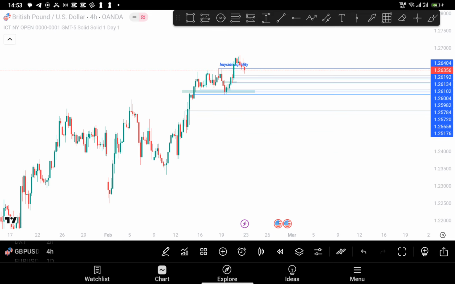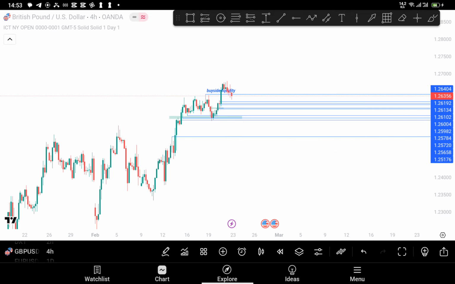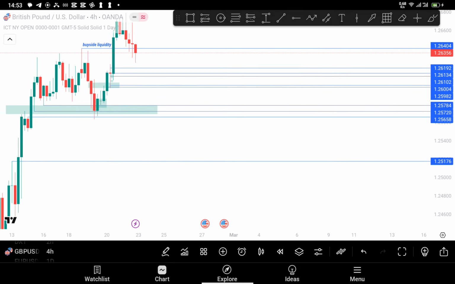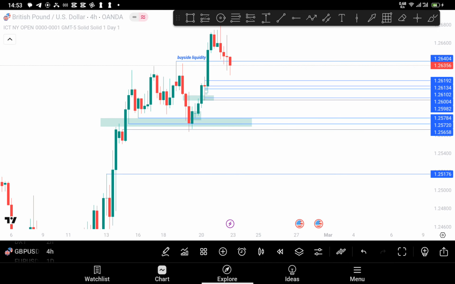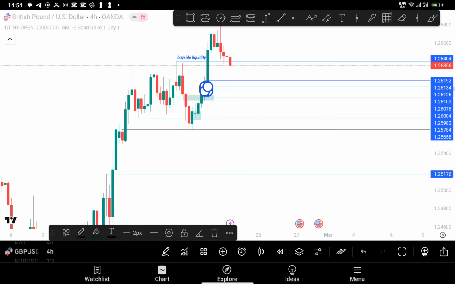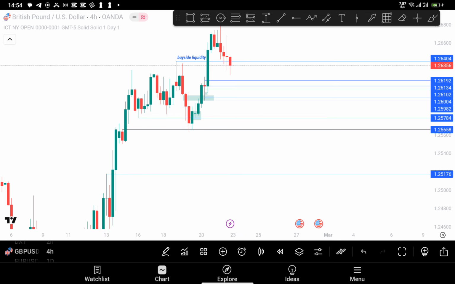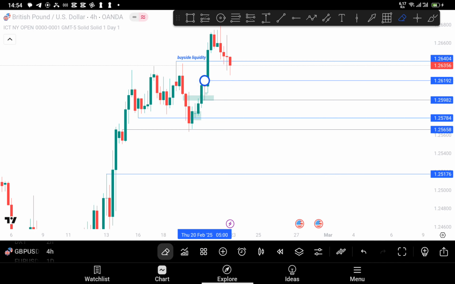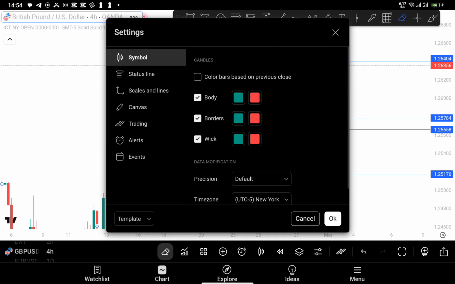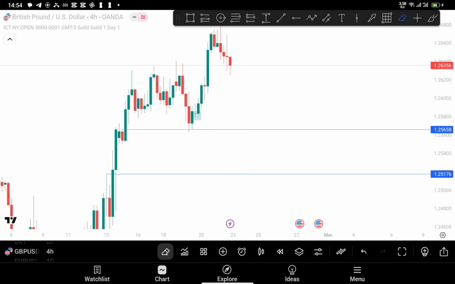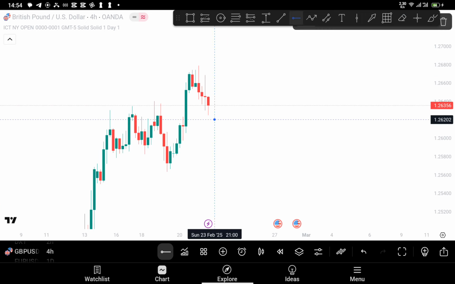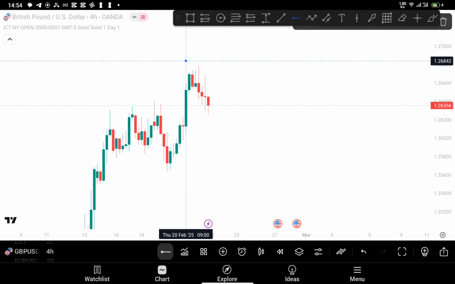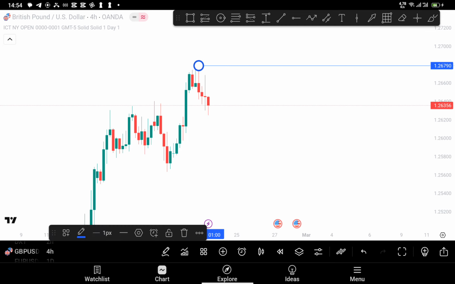And then I'm also seeing, I see we broke structure on, broke structure here, and then we have a high here.